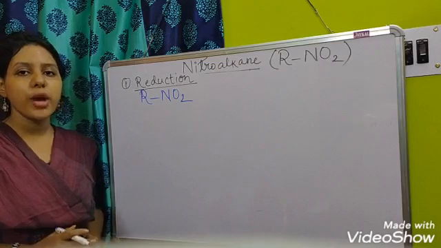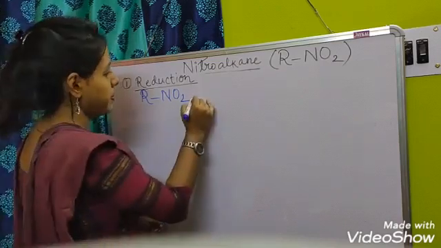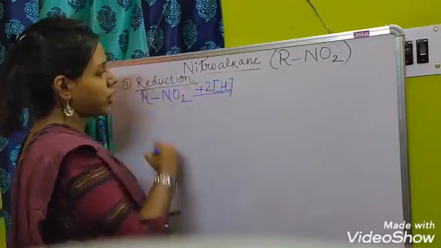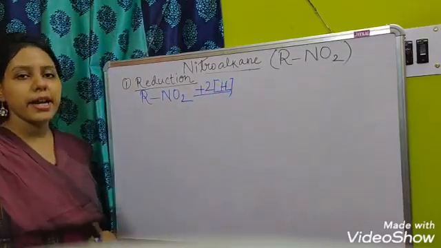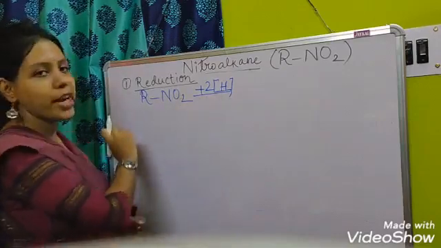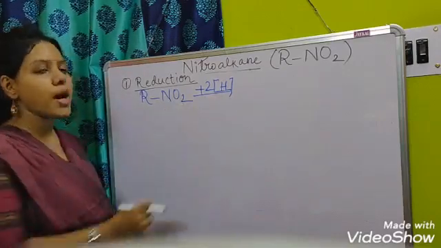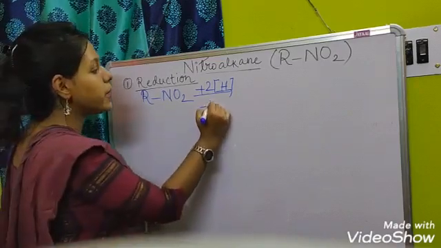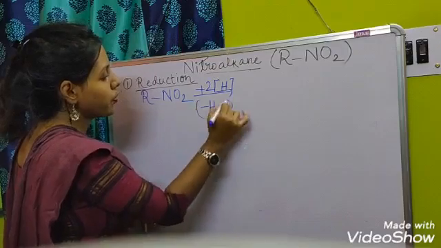So first you have to add here 2 hydrogen atoms. So plus 2H. Okay. So in the first step I am adding here 2H. So what will happen? So these 2 hydrogen atoms will take 1 oxygen atom from the nitroalkane. So there will be removal of H2O.